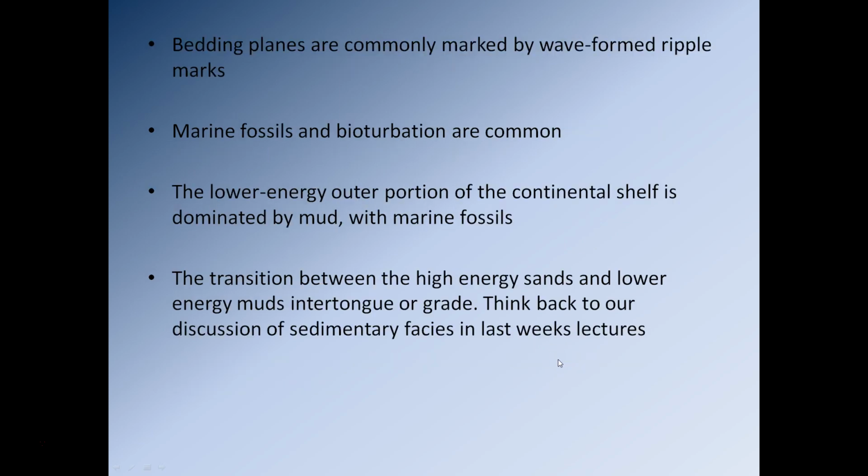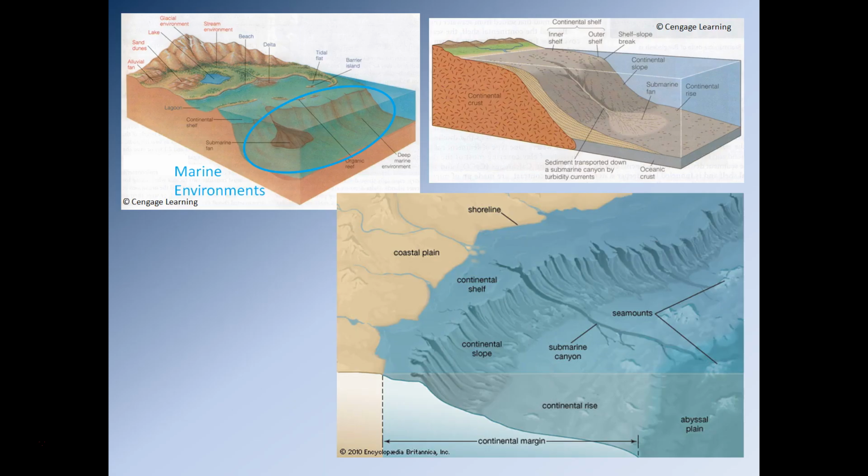Now, it's not written on here, but as we head even further out, once the clay and silt has left the water, well, that means the water towards the edge of the continental shelf. So we have the sandy portion here, closest to the coast. We have the muddy portion slightly further out. Now, by this point, most of the clay and silt has left the water. So by the time you're out here on the edge, the water quality is often quite good.